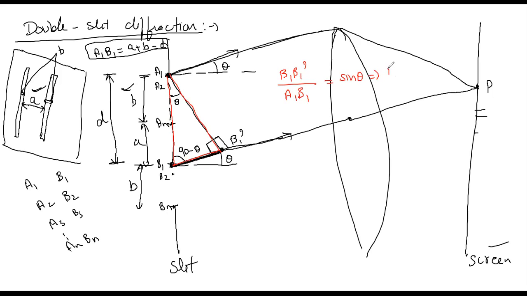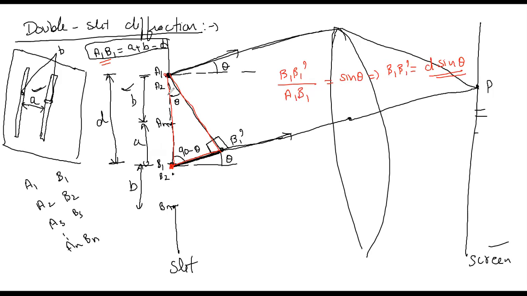This basically means that B1 B1 prime is equal to A1 B1 times sine theta, but A1 B1 is nothing but a plus b, or d. So B1 B1 prime is equal to d sine theta, which basically means that the wavelets starting from B1, with respect to A1, have to travel this much distance extra. इतना path extra उनको travel करना पड़ेगा.